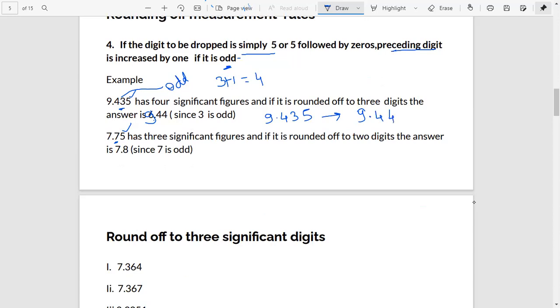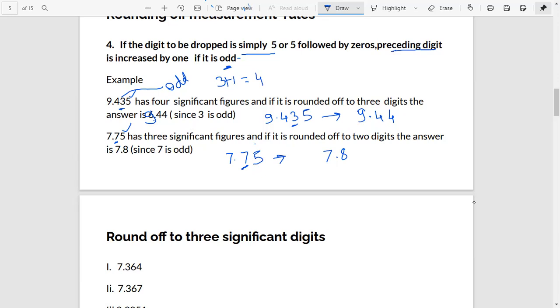The reason is that the preceding digit is odd and the last number is 5. Similarly, 7.75, rounding off to 2 significant digits, becomes 7.8. It means you have increased this 7 by 1, and it becomes 7.8, and you have dropped this 5. The reason is 7 is odd.